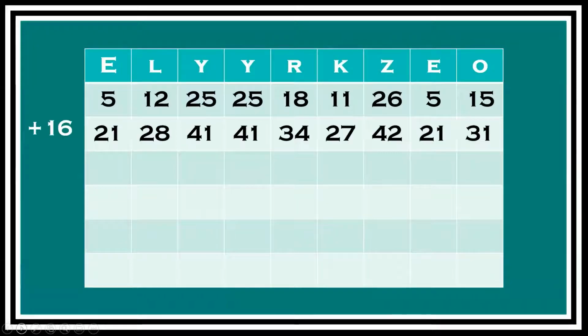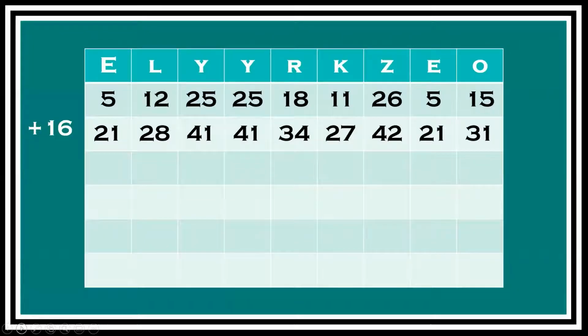Now we first need to undo the Caesar shift that we used, the Caesar shift of 10 when we were encoding the message. So we need to add 16 when we are decoding the message. Note that adding 10 and then adding 16 has the same effect as adding 26.